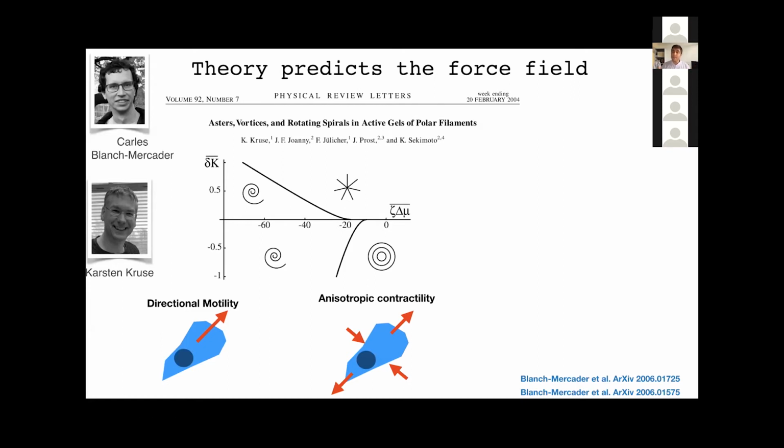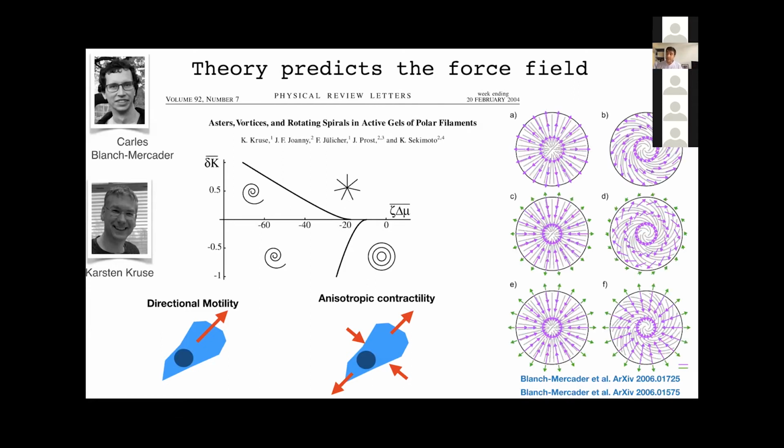By combining both, they were able to predict various types of asters and spirals, with compressive stresses or without compressive stresses, extensile stresses. So you can see an example of extensile stresses in this part of the field.